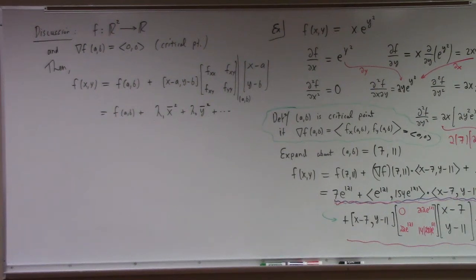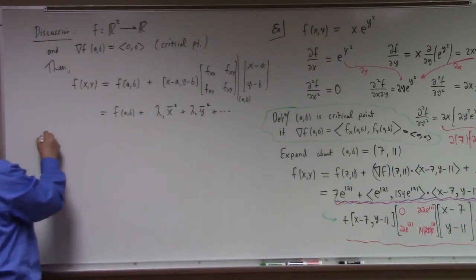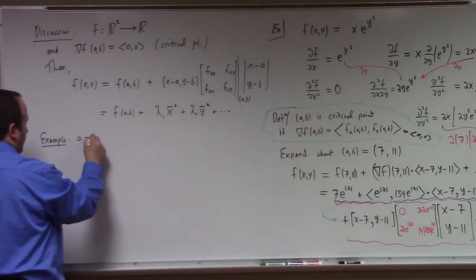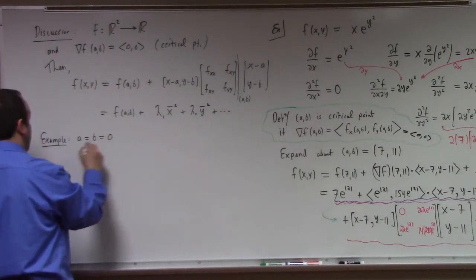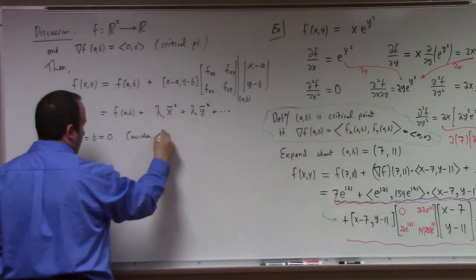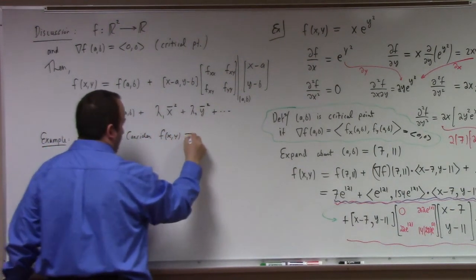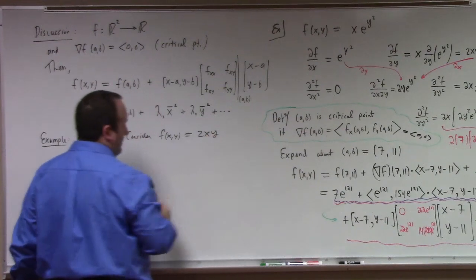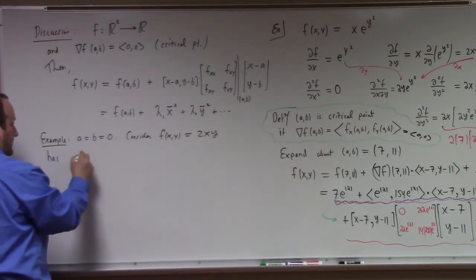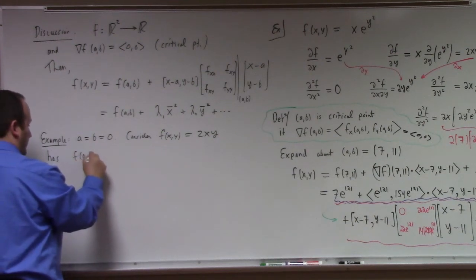This is easiest to think about when a and b are both 0. So for example, a equals b equals 0, we could consider f of xy equal to 2xy. That has f of 0, 0 equal to 0.